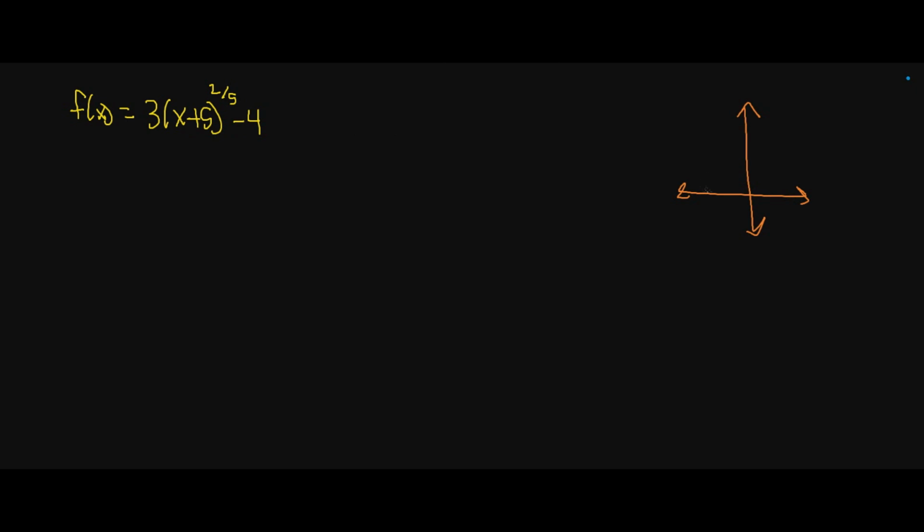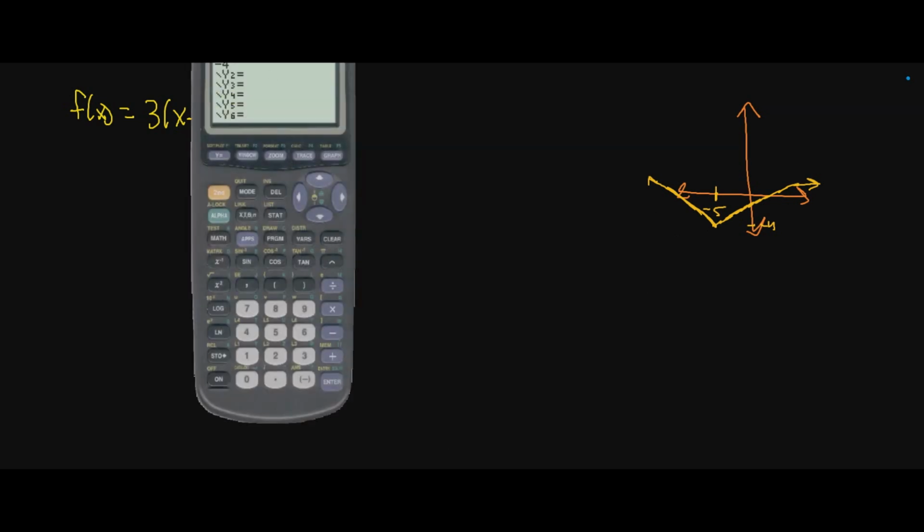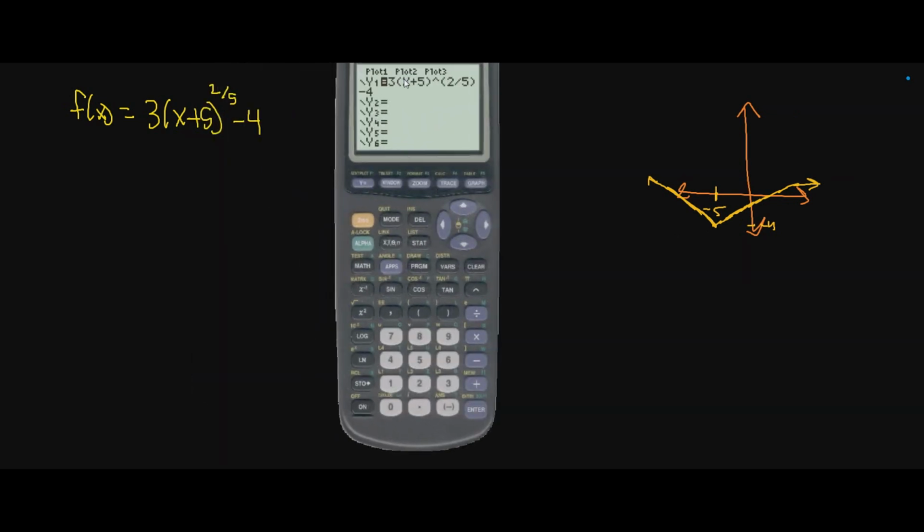Well, x plus 5 means you move to the left, -5, and -4 means you move down. So you should expect your function to make some kind of U or some different kind of shape, maybe more like a bird. And here, I already graphed it for us: 3 times x plus 5 raised to the 2/5, -4.